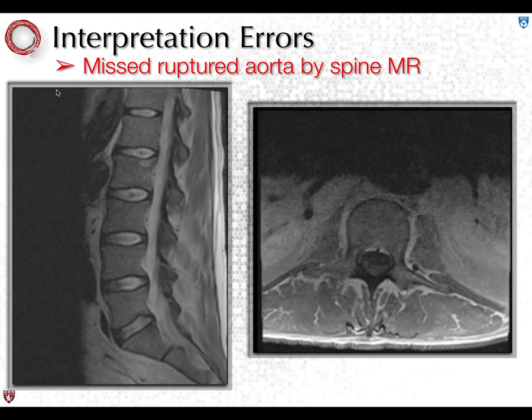They put a saturation band there not to avoid seeing the aorta, but to not have the pulsation from the aorta go into the spinal canal, which can cause artifacts. But you see it clearly here, right? Same thing on the axial. You know, this is just the tip of the iceberg. So make sure you look for the aorta on lumbar spine MRs.